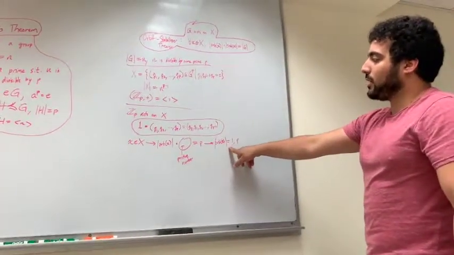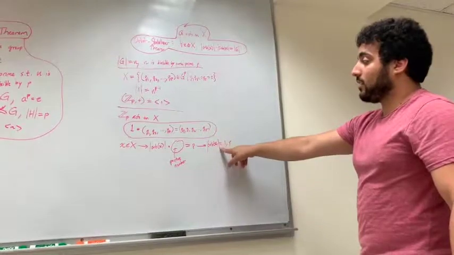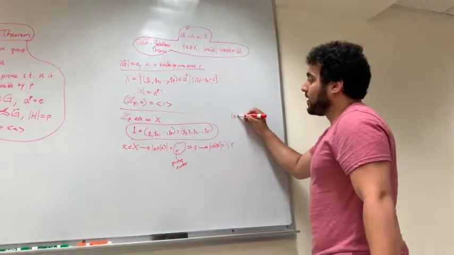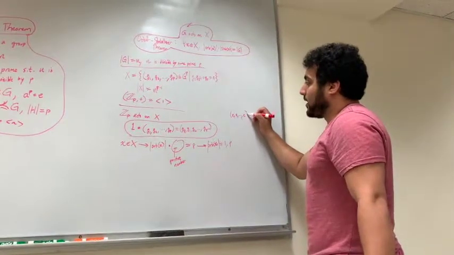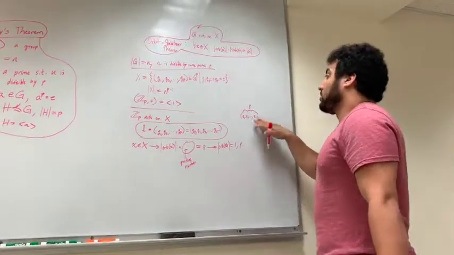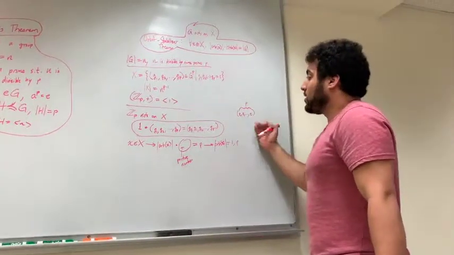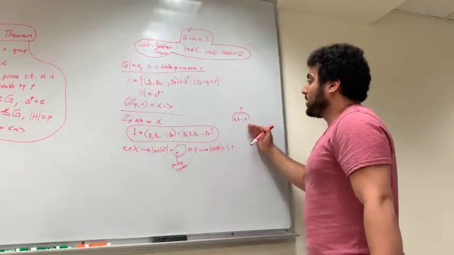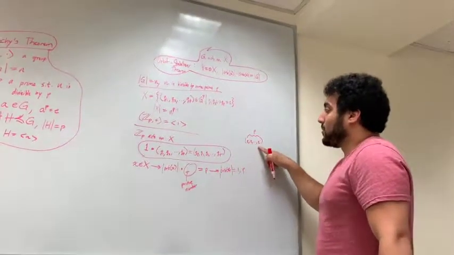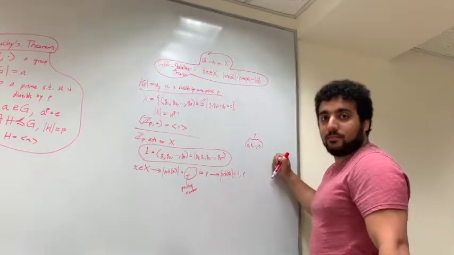An element of big X whose orbit is size 1 is the identity, where there's P of these. So this is obviously a P-tuple of elements from G. G has an identity, and these are just P of them. They meet this condition: multiply e times e times e, P times, you get back e.